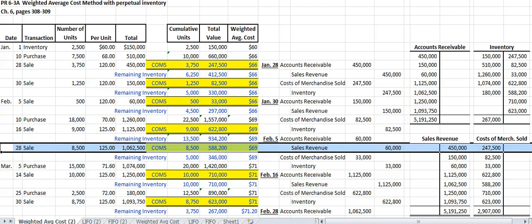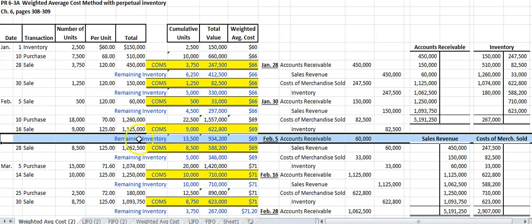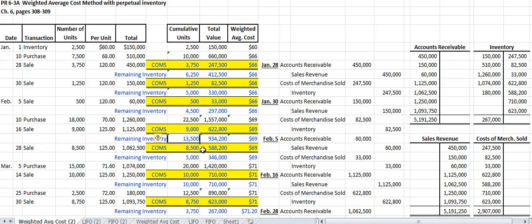Okay, so now we have another sale. Well, what do we do next? Well, we roll this down just to make sure that we keep everything on track. You know, every good accountant has to make sure they have a system that will help them to prevent as many errors as possible. So 22,000 minus 9,000 is 13,500 at the same weighted average price, 69.20, is going to give me inventory of 934,200, and this is my new weighted average that I'm going to use for my next sale.